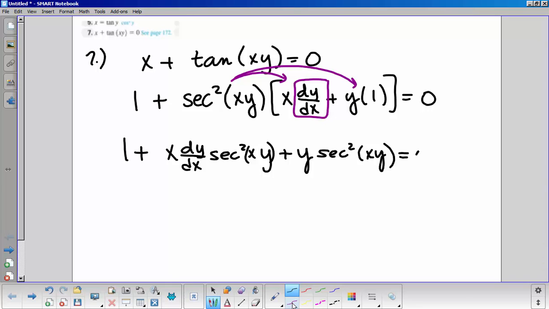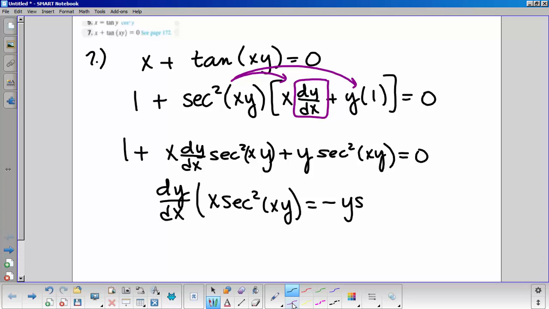Equals 0. And now I have to move the things that don't have the dy/dx in them to the right side, and factor out a dy/dx, which leaves us with x secant squared of xy equals negative y secant squared xy minus 1.